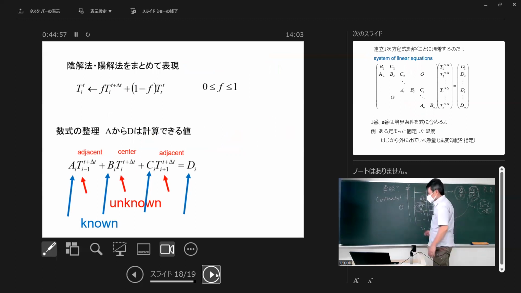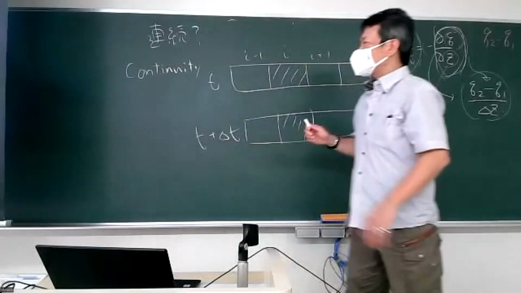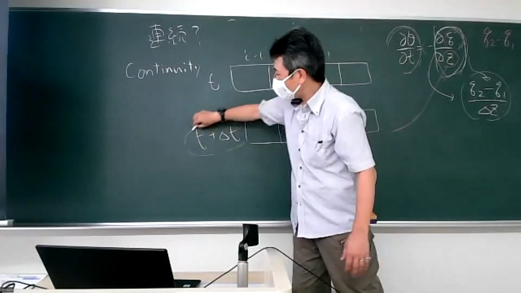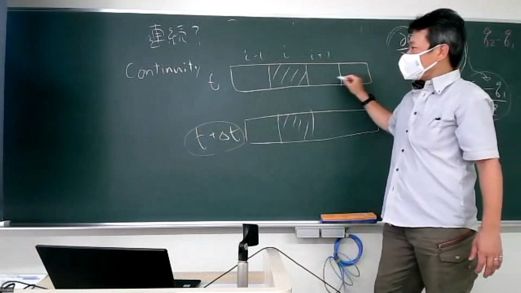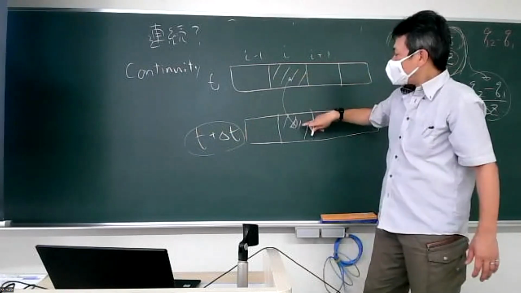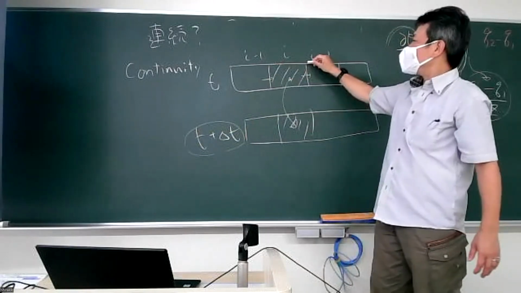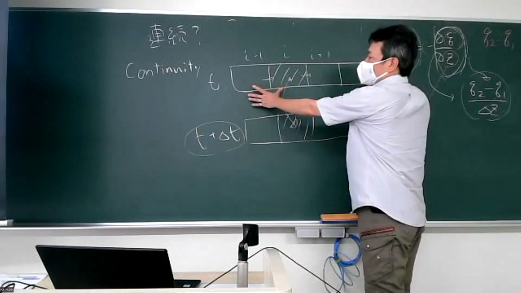So now we can show that, for example, by the explicit method, we calculate the future state t plus delta t with the known values, and we can calculate this value using the q input and the q output or something that we can directly calculate here.